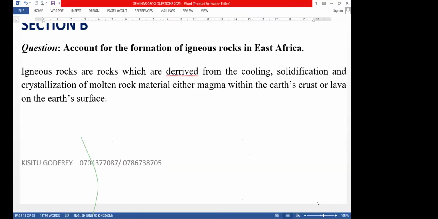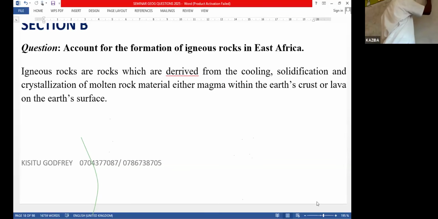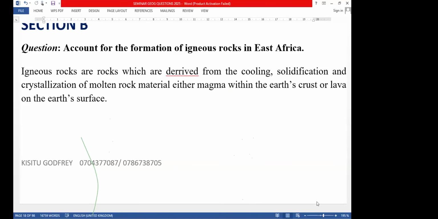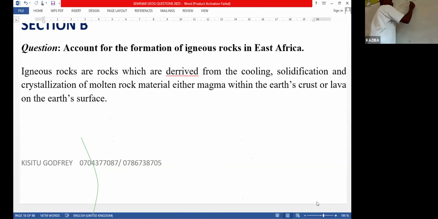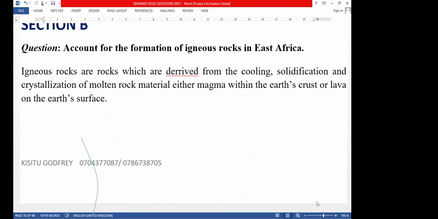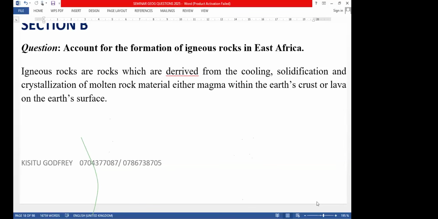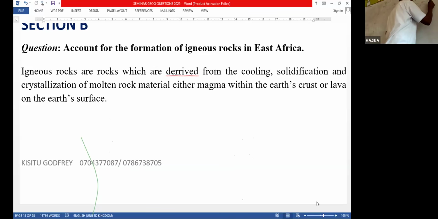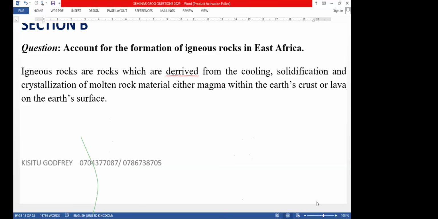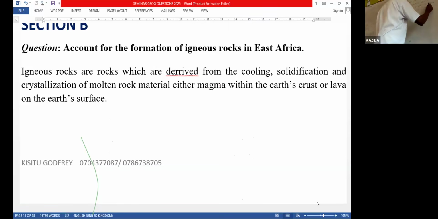Igneous rocks are fire formed rocks formed as a result of cooling, solidification, and crystallization of molten rock, either in the Earth's crust or onto the Earth's surface.